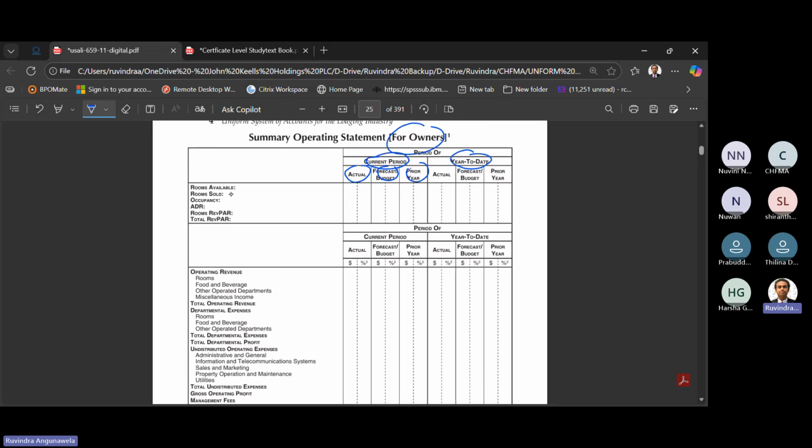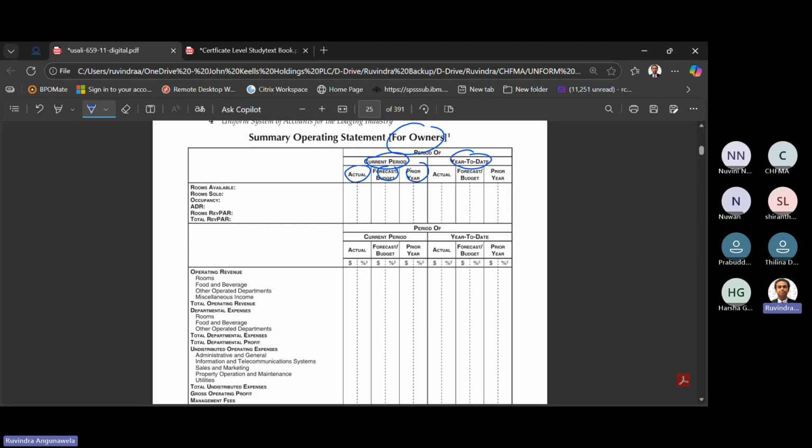Then we have some indicators here: rooms available, rooms sold, occupancy, ADR, RevPAR, TrevPAR. We'll talk about it later, right? And then some organizations put more than this, right? F&B indicators are also put here, right? And then certain other information also can be put here. So this is not exactly a rule.